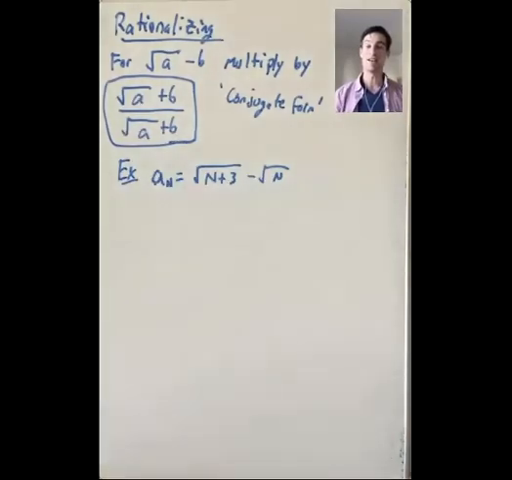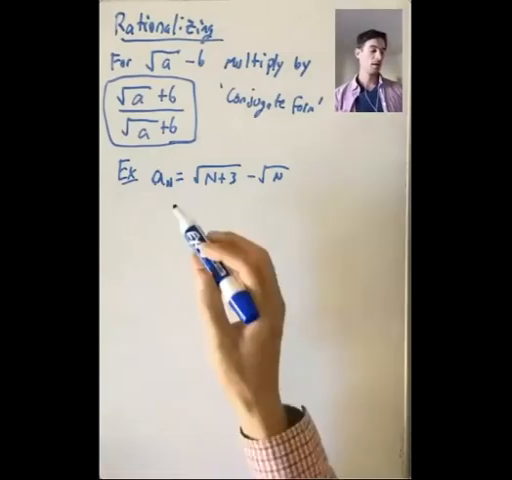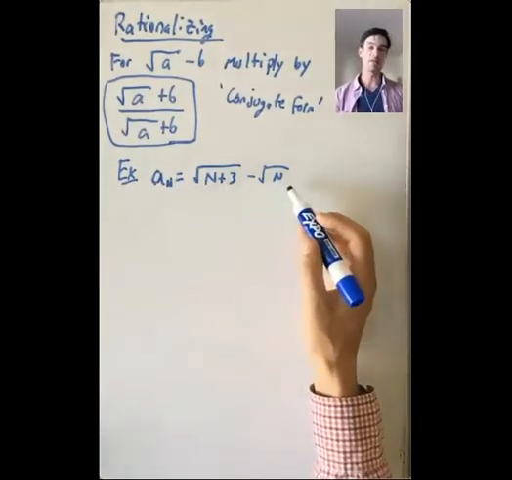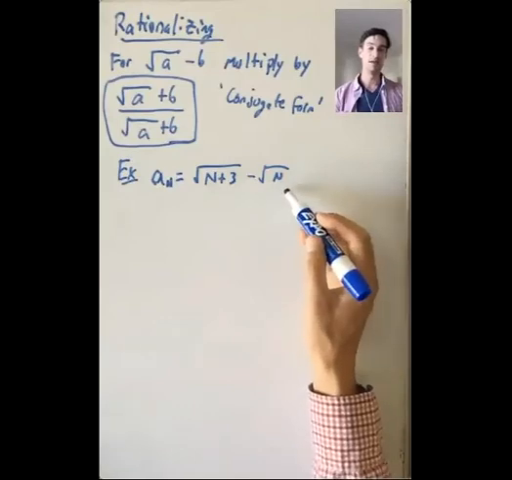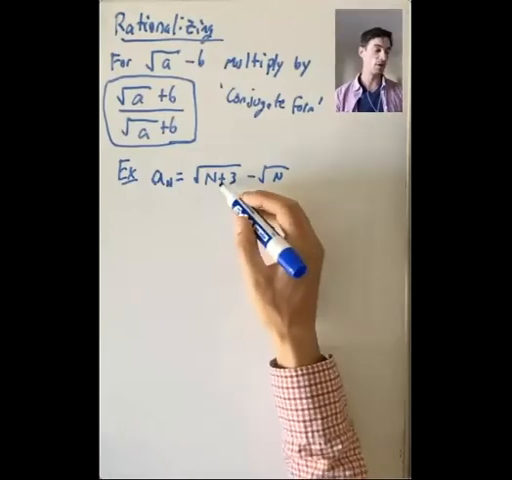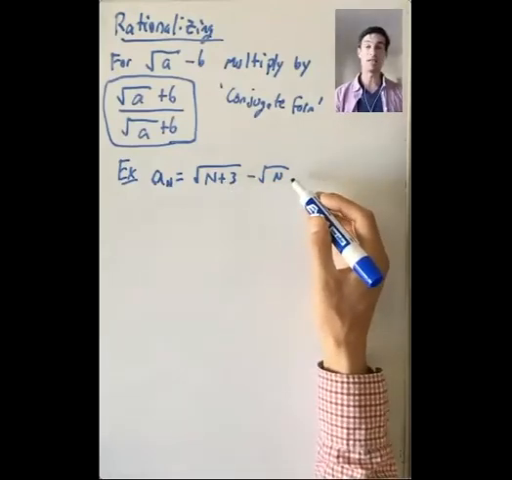The idea is that when we multiply a function by 1, we're not changing that function. But this is going to allow us to algebraically simplify things a little bit. This is easiest to see with an example. So let's let a_n be square root of n plus 3 minus square root of n. So here, this is of the form square root of a minus b, but b is square root of n.